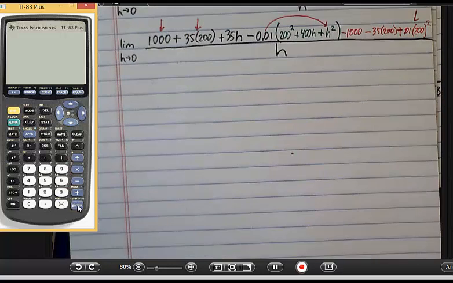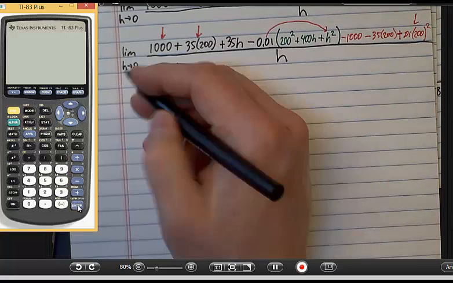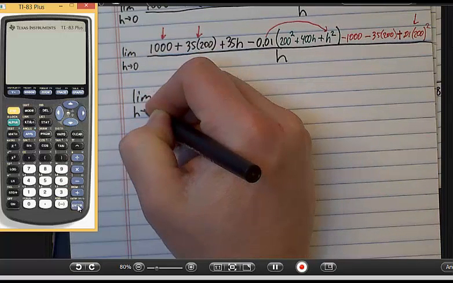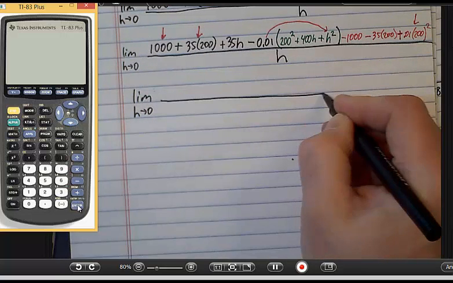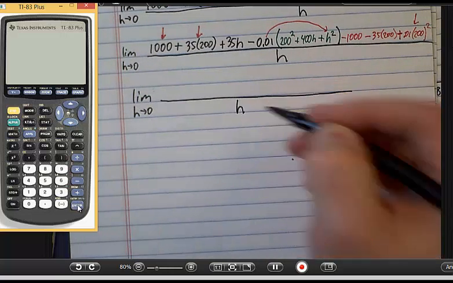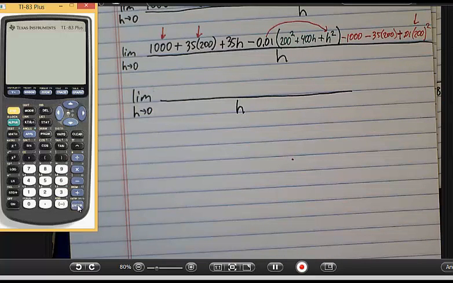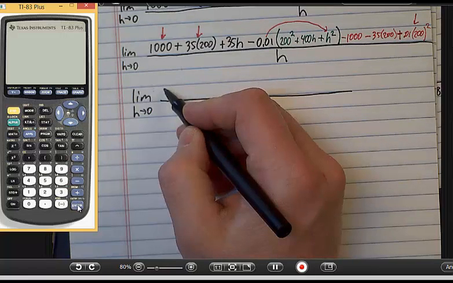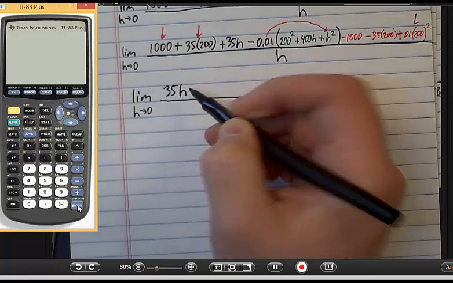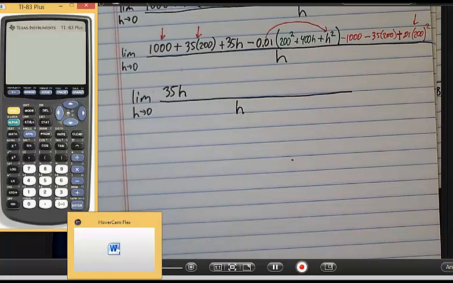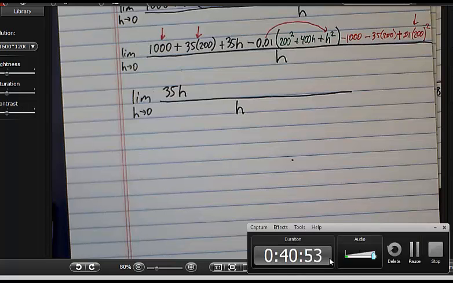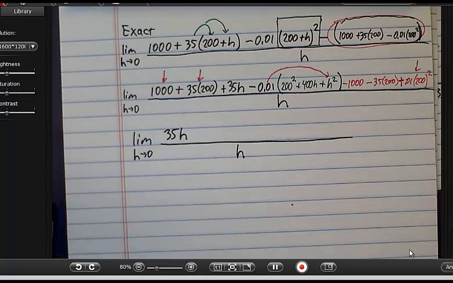clean that up. So we get the limit as h approaches 0. What's left? I'll do the denominator. All right, you guys do the numerator. Well, what do I write? 35h is still there. A lot of the stuff's going away.